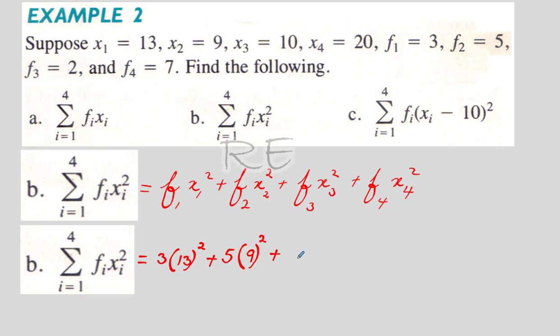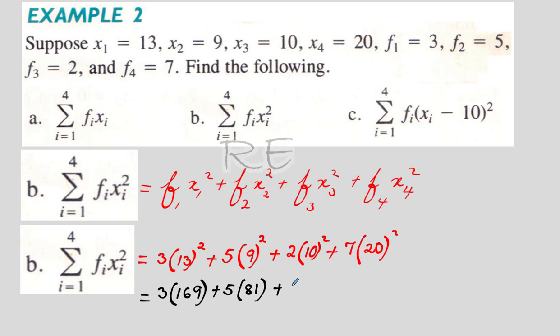The third one, f3, 2 times x3 squared, 10 squared, until we write the last one, which is 7 times 20 squared. 3 times 169, plus 5 times 81, plus 2 times 100, plus 7 times 400.